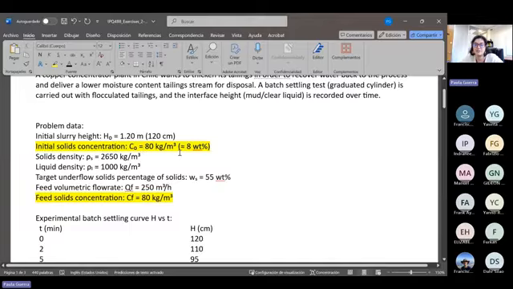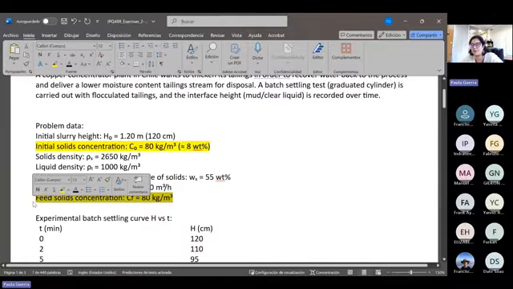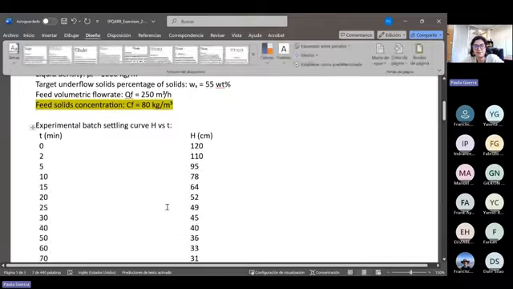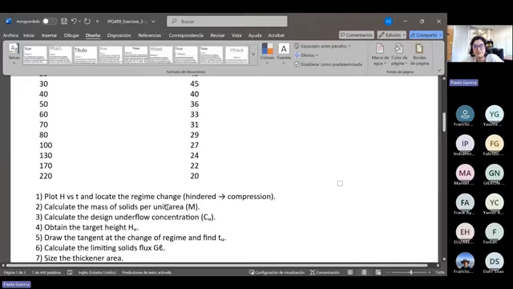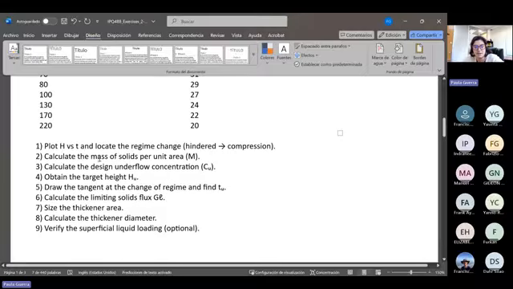So basically we are sizing for the conditions that we would have in the field. This is the experimental data, and these are the different things that you have to calculate.